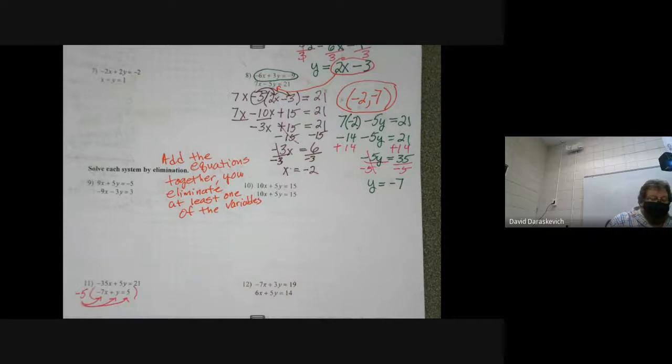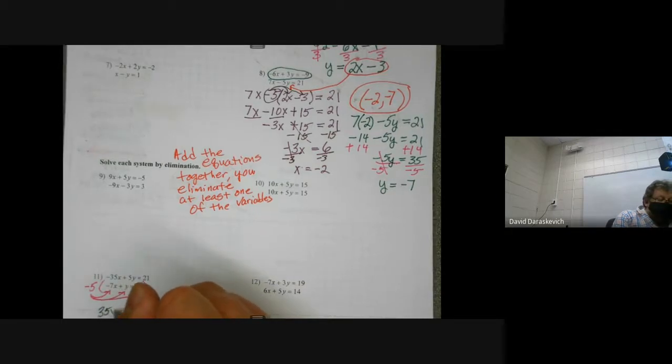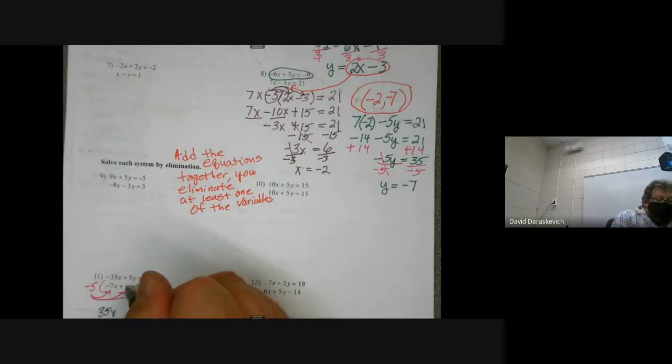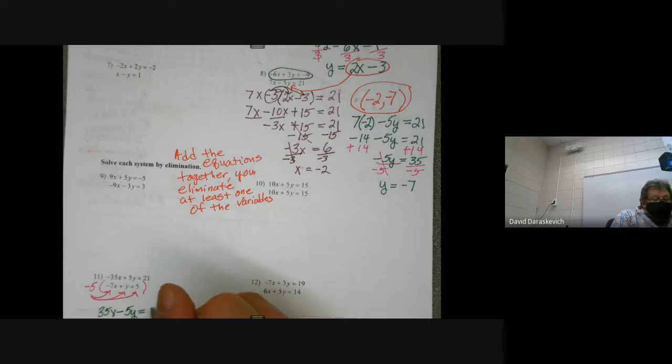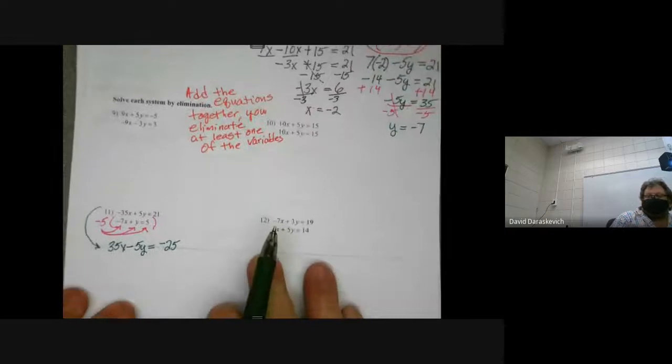So I get -5 times -7x is 35x. -5 times +y is -5y. -5 times +5 is -25. I'm just going to bring down the other equation. It's -35x plus 5y. Now these will eliminate.